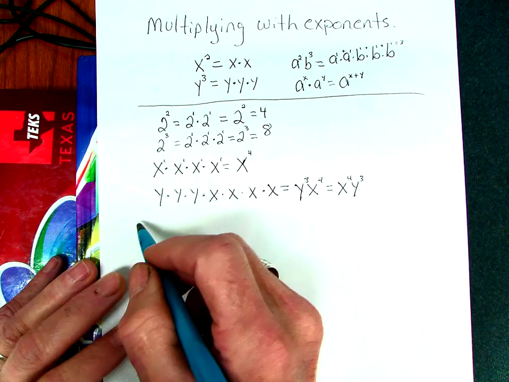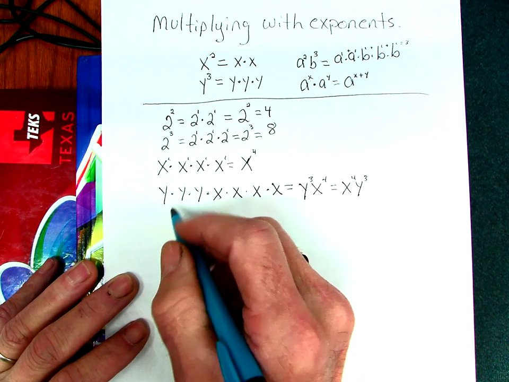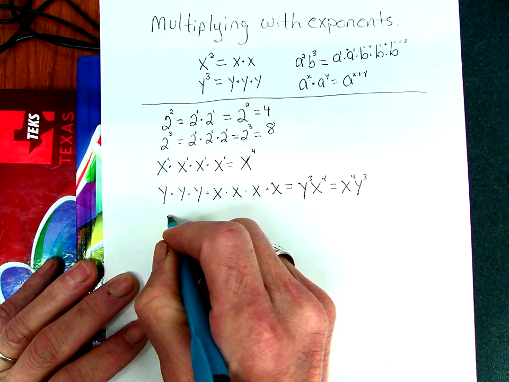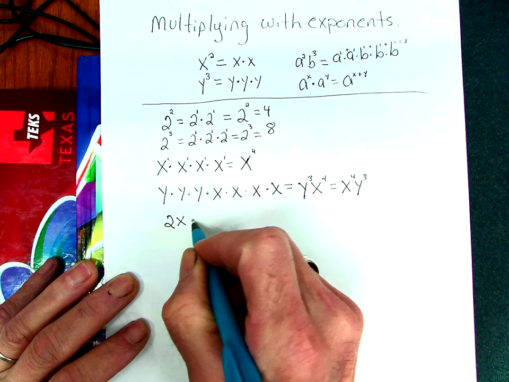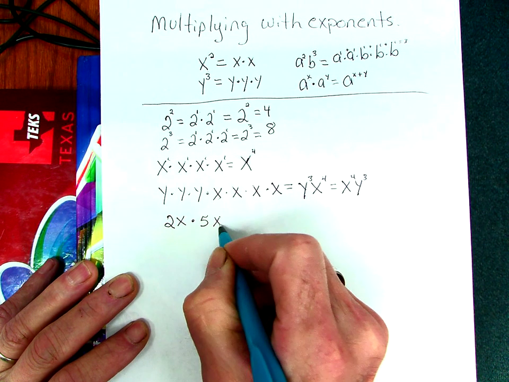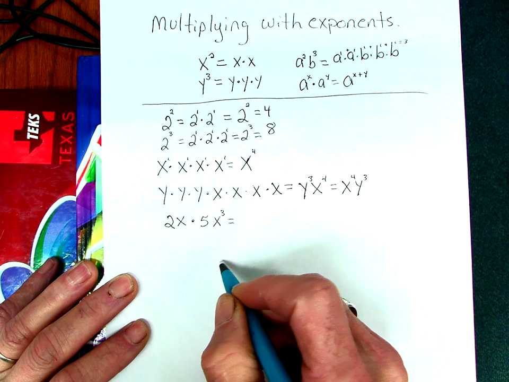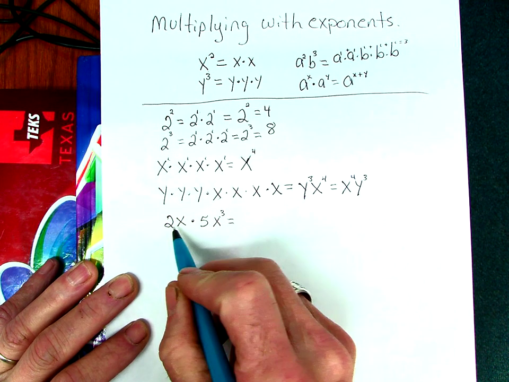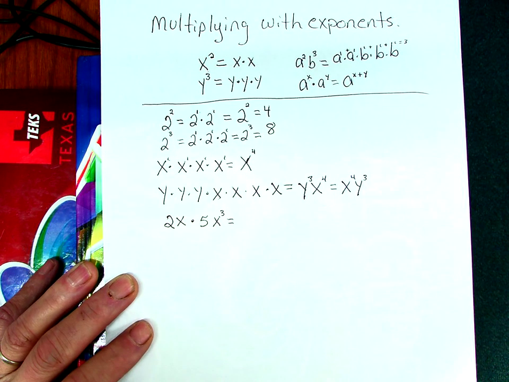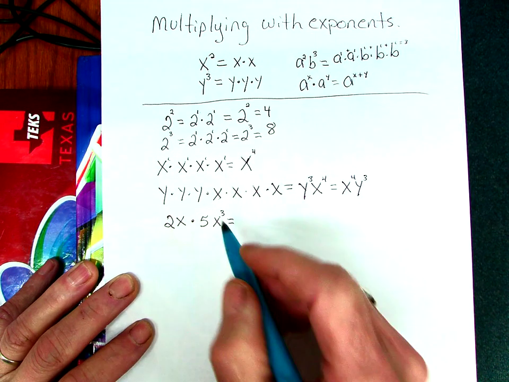Okay, so let's move on to something a little bit more complicated. Perhaps I've got 2x times 5x to the third. I'm going to regroup this, rewrite it, and put like things by like things.